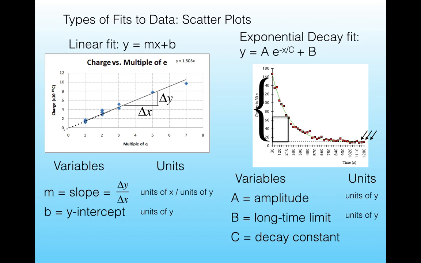And that makes sense as well because they must have the same units as y. We know that exponentials have no units, and what is inside the exponent also cannot have units. So that means that x and c must have the same units. So that implies that c must have the units of x, the independent variable.